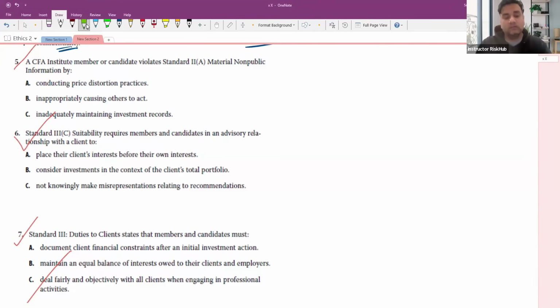Next one is: CFA Institute members and candidates violate Standard 2A, material nonpublic information, by, right? Again, if you look at the three options here, conducting price distortion practices. Does that violate material nonpublic information?